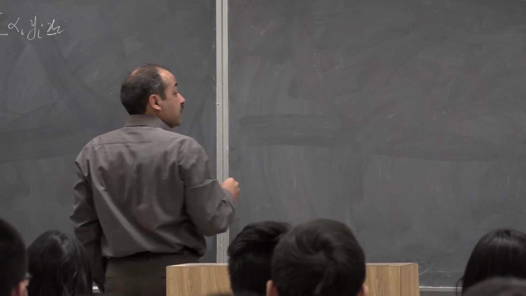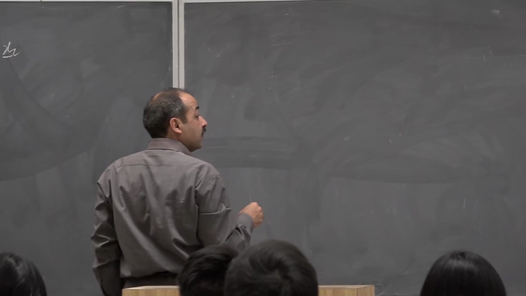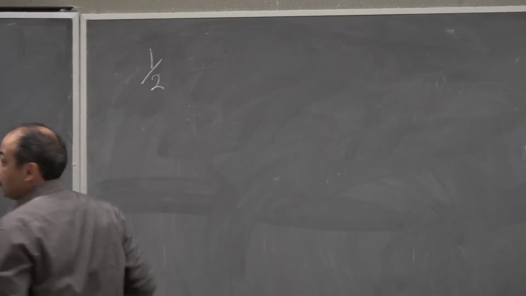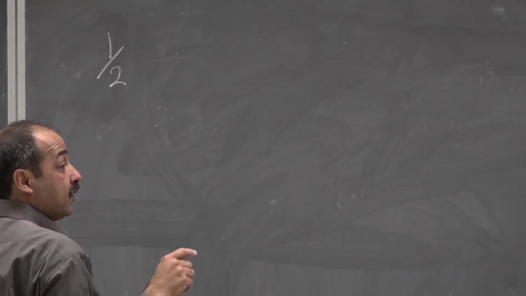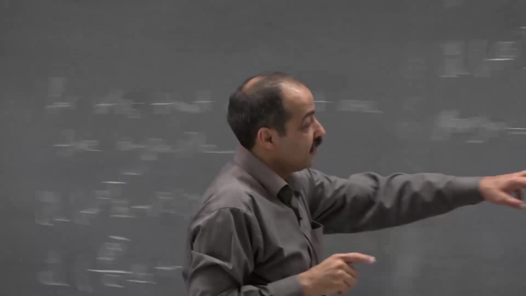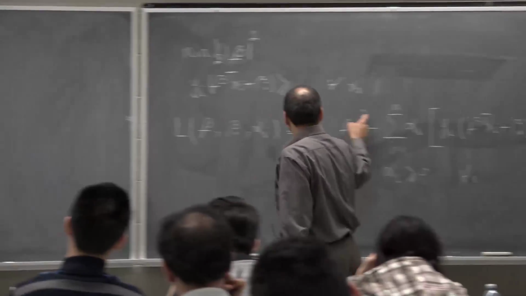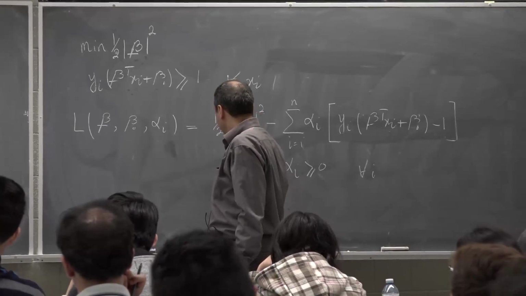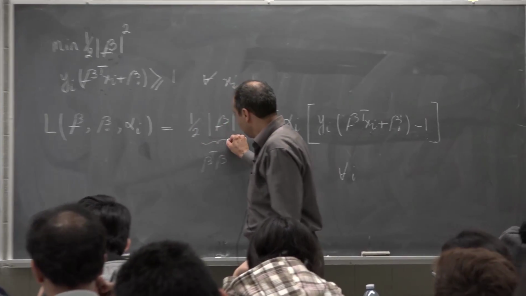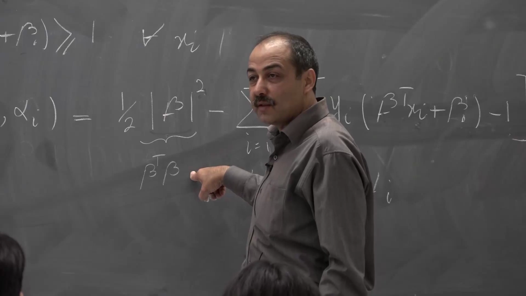So it's going to be 1/2 norm of beta squared, which is basically beta transpose beta.